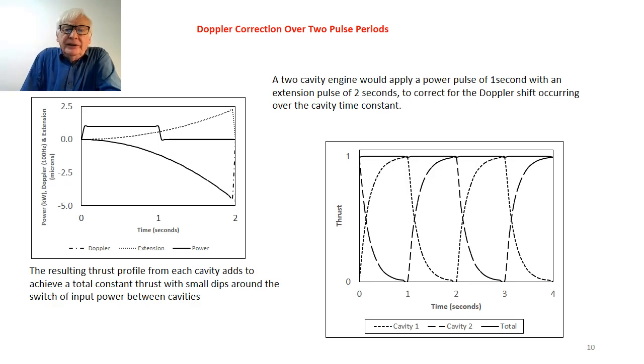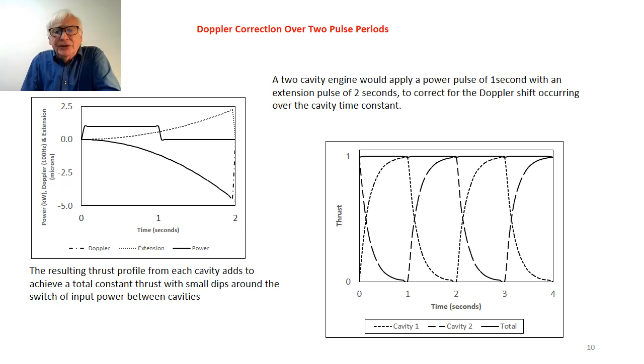Now, meanwhile, if we go back to the first 1 second period, the second cavity is decreasing, and that's shown by the dashed lines. It starts to power up again after 1 second when the power pulse is switched to the second cavity, and reaches a maximum thrust after 2 seconds.